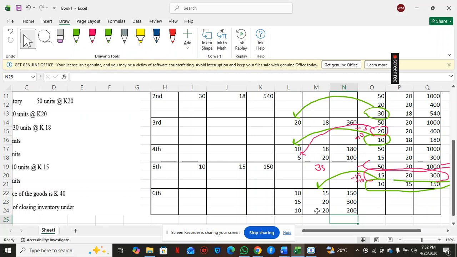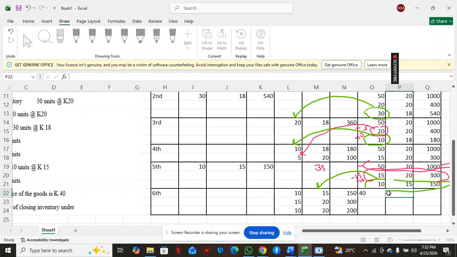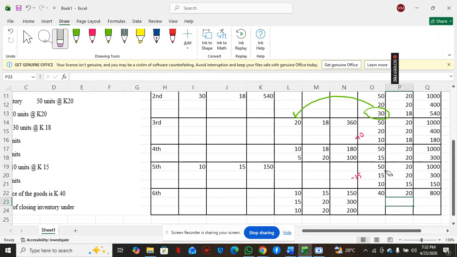So in our balance section, since we removed 10 from this batch of 50, we're going to remain with 40 units valued at 20 kwacha each, and that is 800 kwacha.